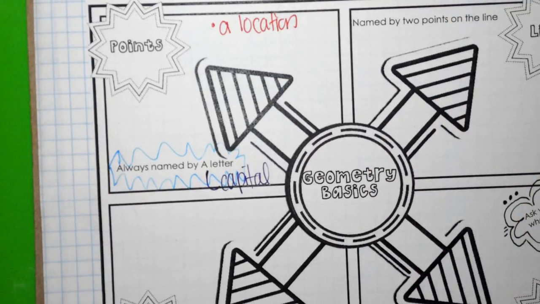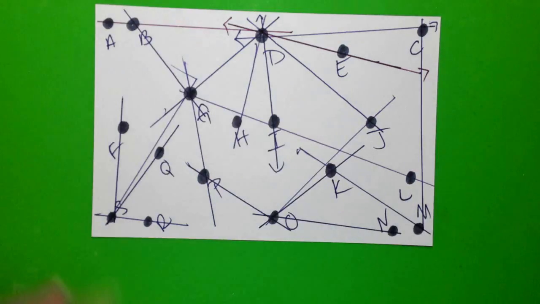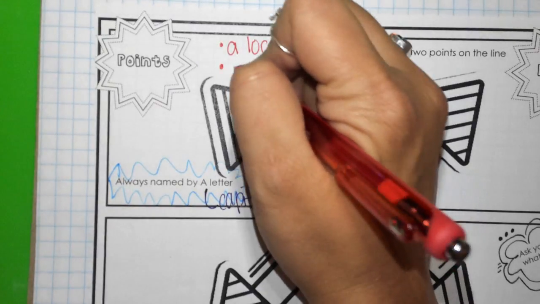Does it have a shape or size? Did our dots necessarily have a specific shape or size? We just had a bunch of dots from a marker, right? So it does not have a shape or size.